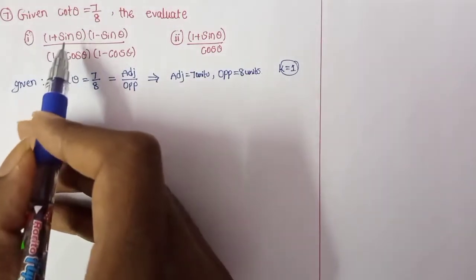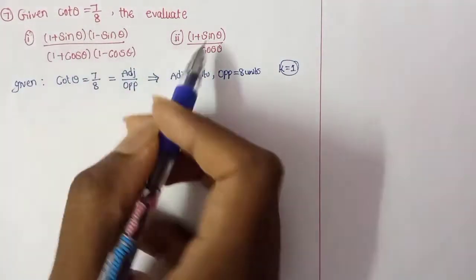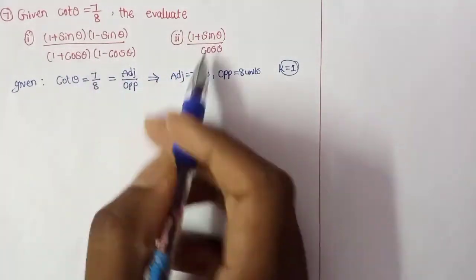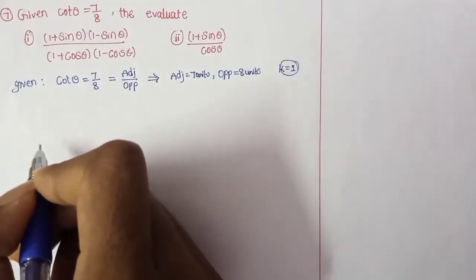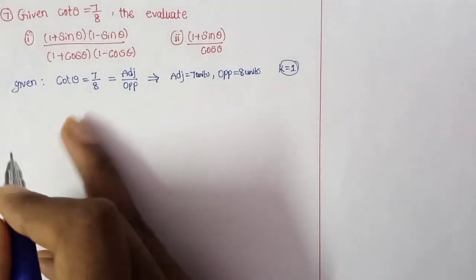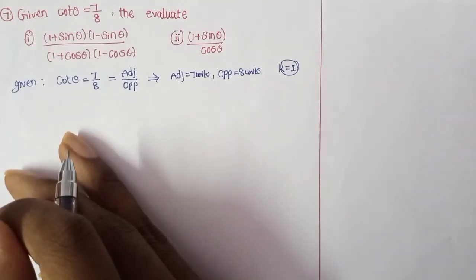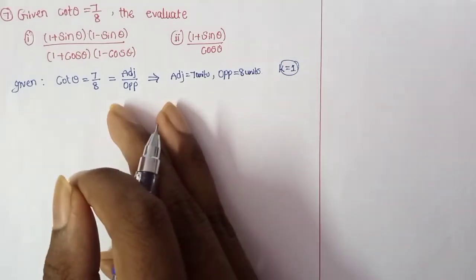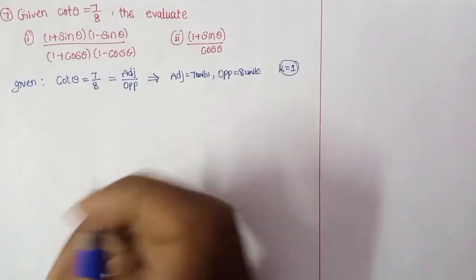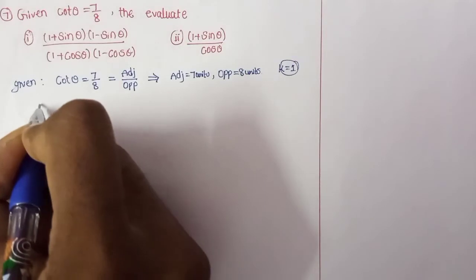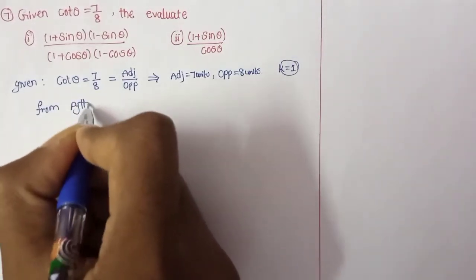What we mostly encounter is sine theta and cos theta. The entire problem is revolving around sine theta and cos theta. So first we find sine theta and cos theta. From the definition, sine theta means opposite side by hypotenuse, and cos theta means adjacent side by hypotenuse. In both cases, we need to find hypotenuse first. So first we find hypotenuse from Pythagoras theorem.